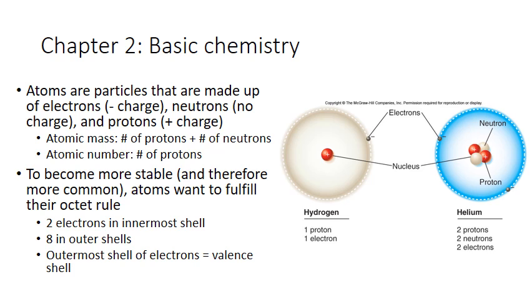The octet rule says that they're going to want 8 in their outermost shell, and their outermost shell is always going to be referred to as their valence shell. So if I asked you how many valence electrons there are for an element with 6 total electrons, you would say there are 4 valence electrons. But they want to have either 8 valence electrons, or if it's just their innermost shell, then just 2 valence electrons. Does everyone remember those concepts of valence electrons and the octet rule?